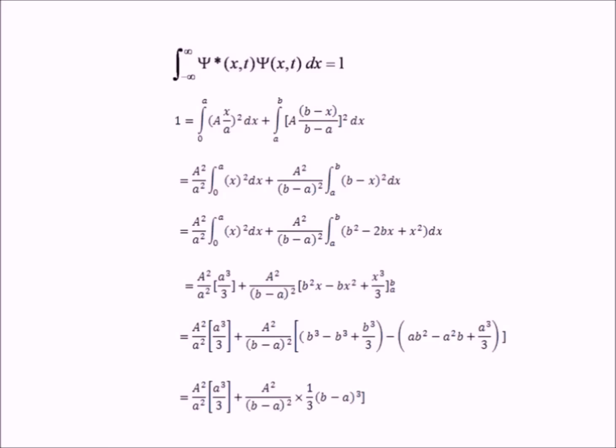This must be equal to 1 for a normalized wave function, and if this condition is to be fulfilled, we should have the value of A equal to under root 3 by b. So in this way we have normalized the wave function, and this will give the complete information about the particle associated with the given wave function.